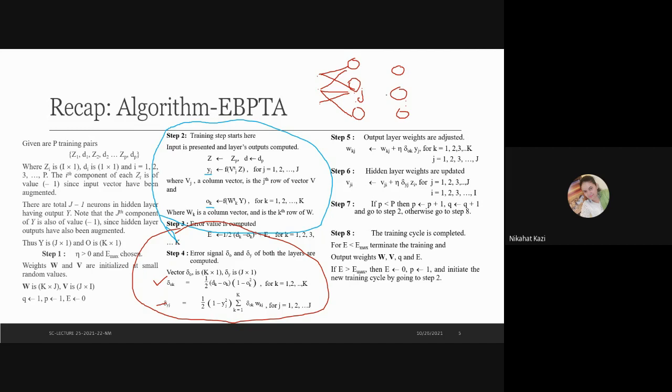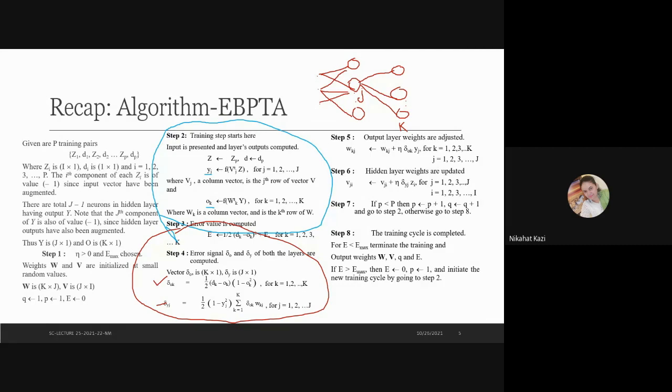This is nothing but you have error signals here, right? It is the summation of all the error signals connecting this neuron, the jth neuron, to all the output neurons. How many neurons are there in the output layer? There are capital K neurons in the output layer, and each of these neurons is contributing an error signal.